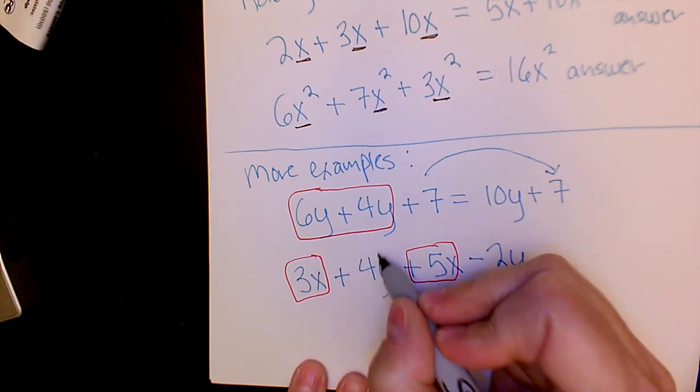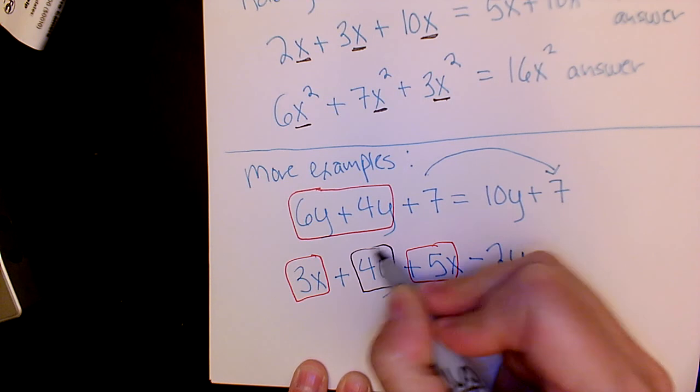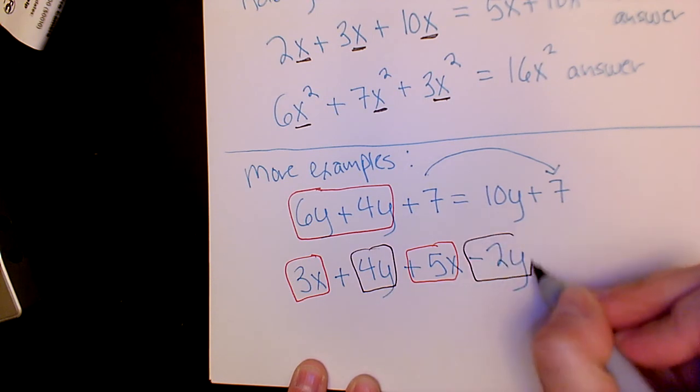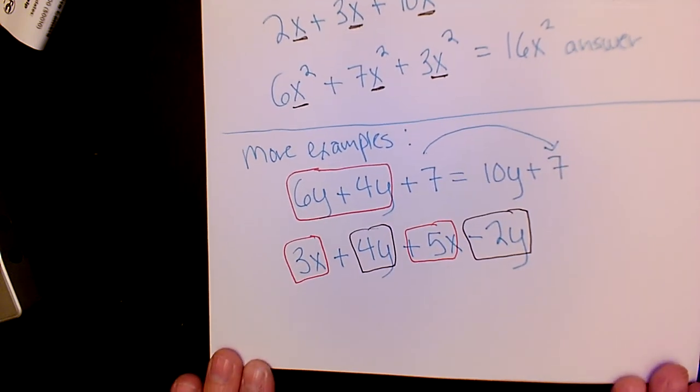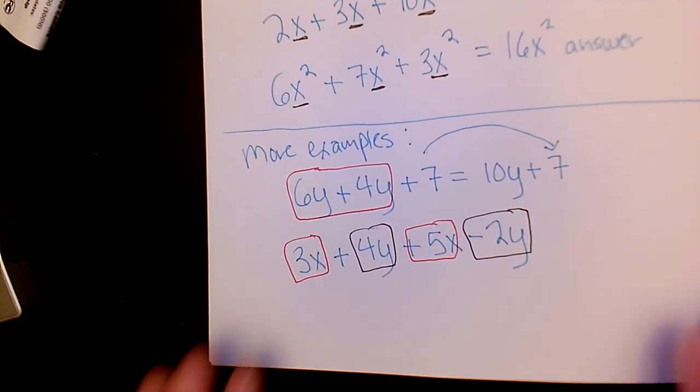The x's match up, and then the y's match up. And again, you don't have to do this. If it helps you, great. If you don't need to box them, it's up to you.